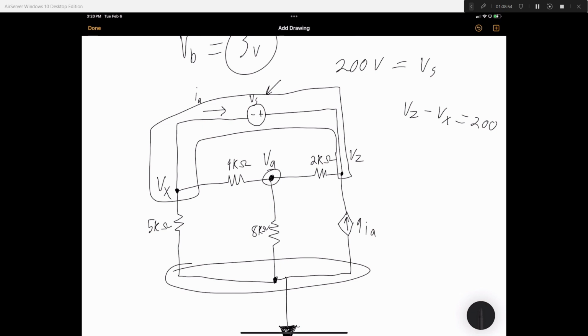And you can still do KCL with a supernode and everything. When you have two essential nodes, here, V sub x and V sub z, and between them there's a battery, you can do a supernode.